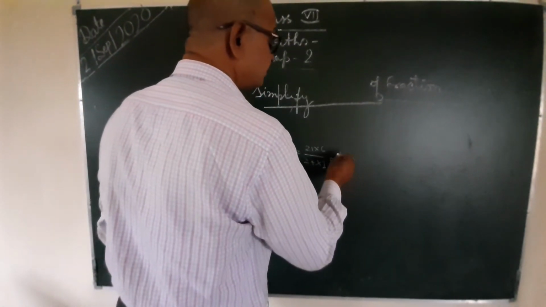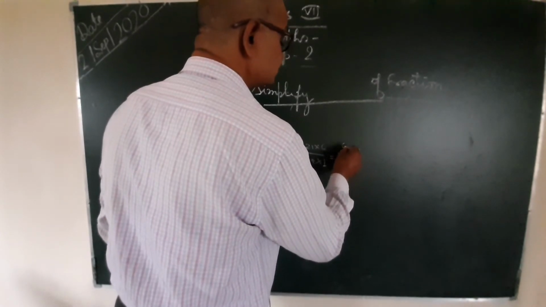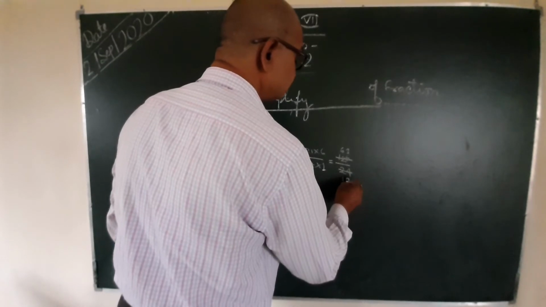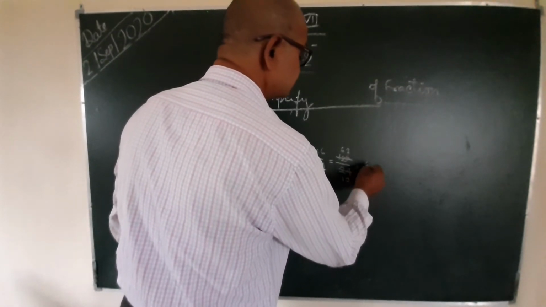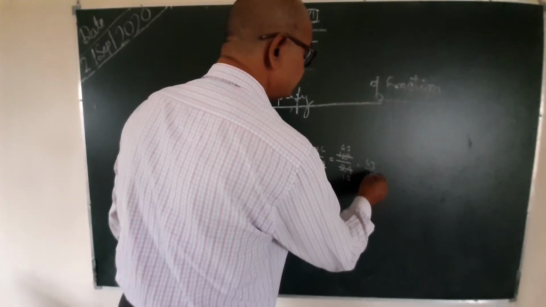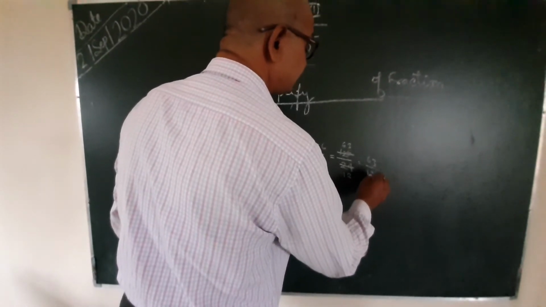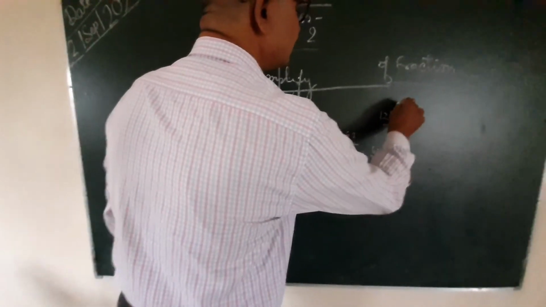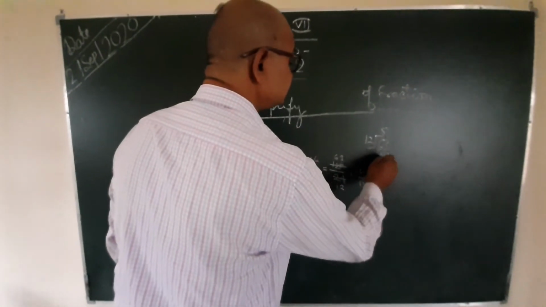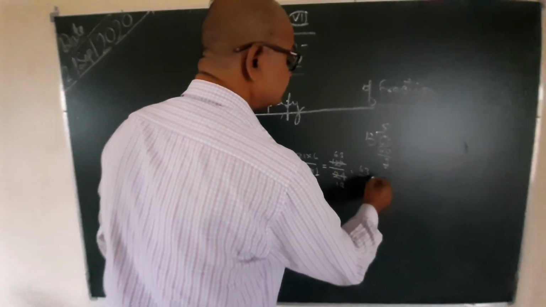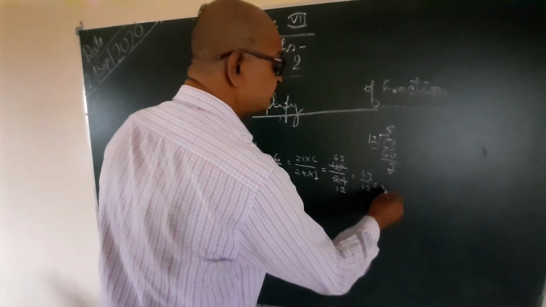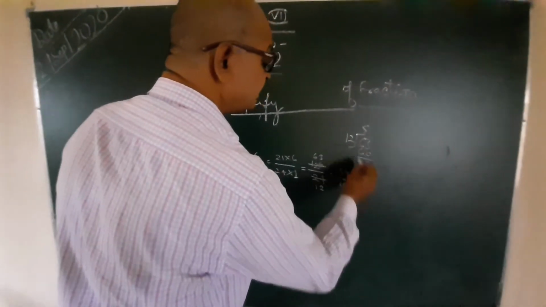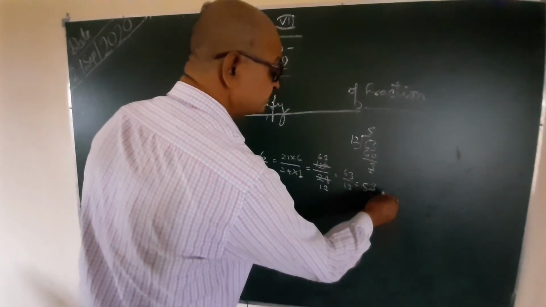Both numbers we divide by 2: 2 sixes are 12, 2 threes are 6, 2 ones are 2, 2 twos are 4, means 63 upon 12. 63 divided by 12, 12 fives are 60, 3 is the remainder. So the whole number is 5, the numerator is 3 and the denominator is 12. That is the answer.